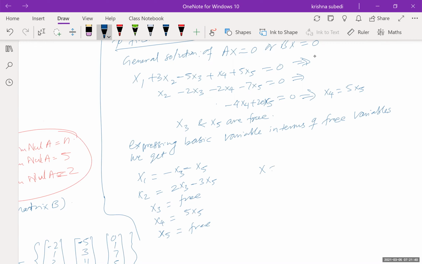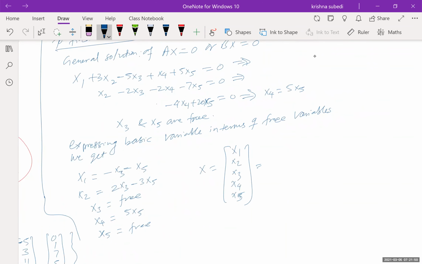So that means any x, x1, x2, x3, x4, x5, can be written as negative x3 minus x5, 2x3 minus 3x5, x3 is free, 5x5, and x5 is free.